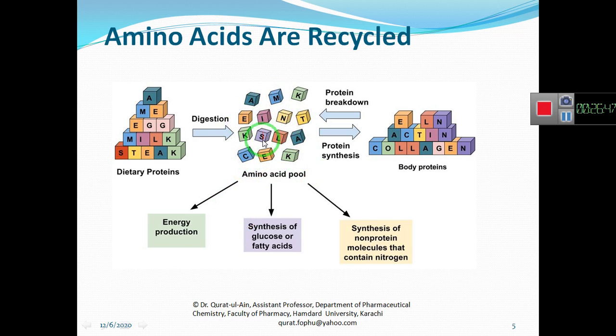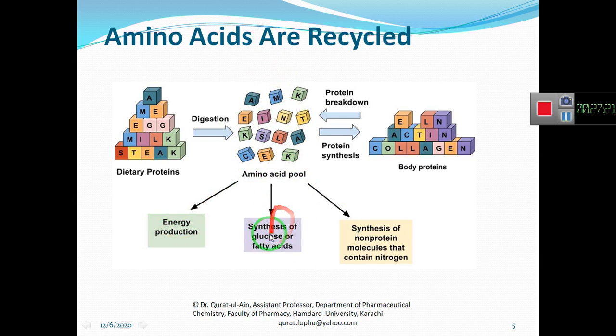And what does amino acid pool mean? It means that the amino acids stored in the liver in a small quantity never run out; they keep turning over. From this pool, these amino acids are continuously used to synthesize other proteins in your body, or they may be broken down and again stored in this pool.